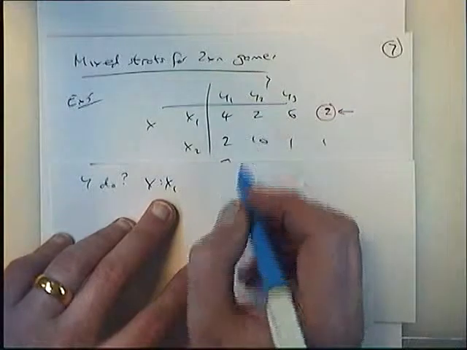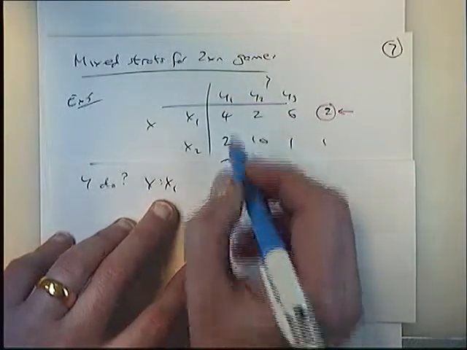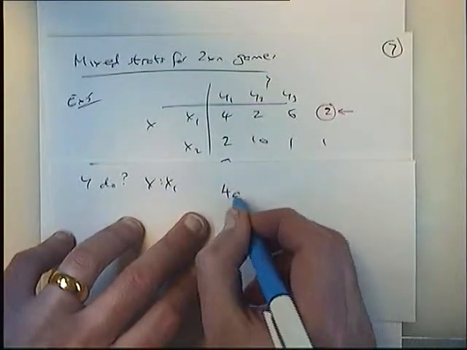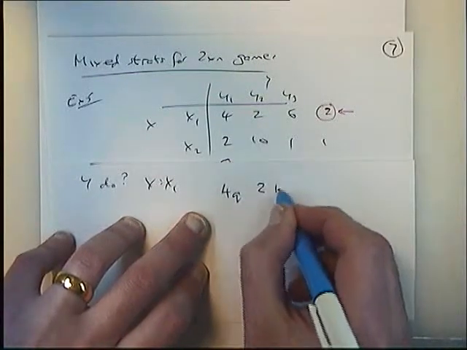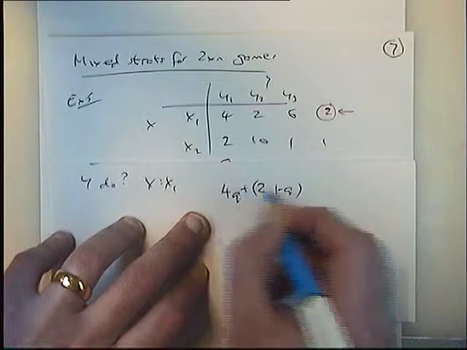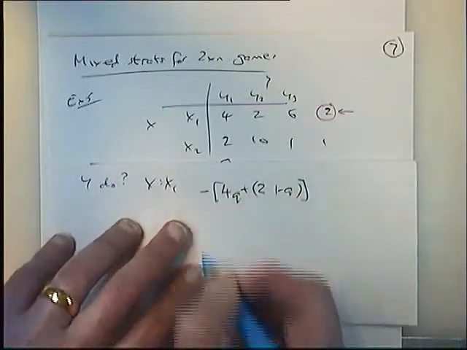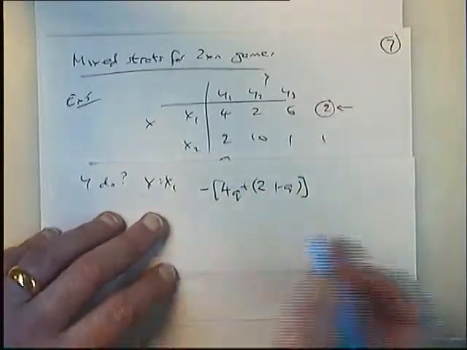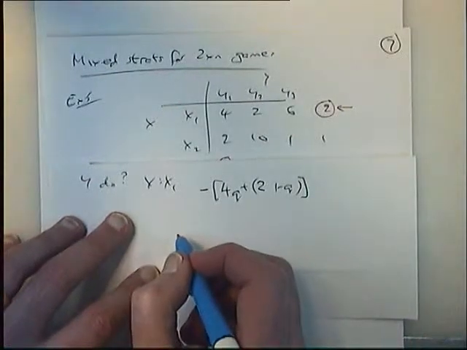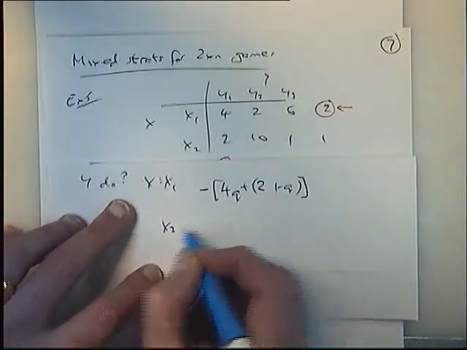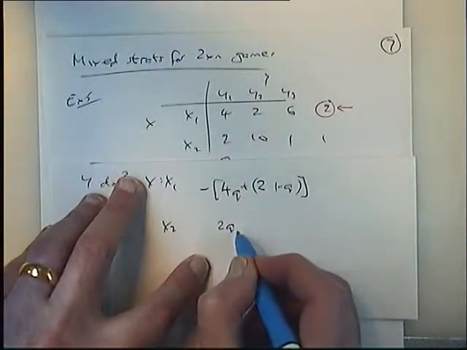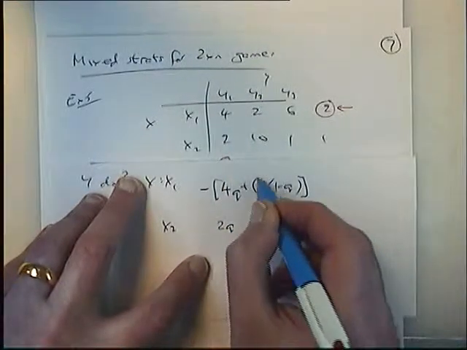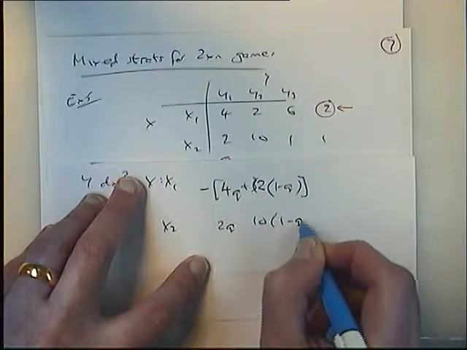So if x plays x1, y can expect a loss of 4 with q probability, a loss of 2 with 1 minus q probability. Add those together and put a minus sign in. That's what y can expect to happen if x plays x1. And if x plays x2, it'll be a loss of 2 with probability q, a loss of 10, that bracket should have been there, with a 1 minus q probability.